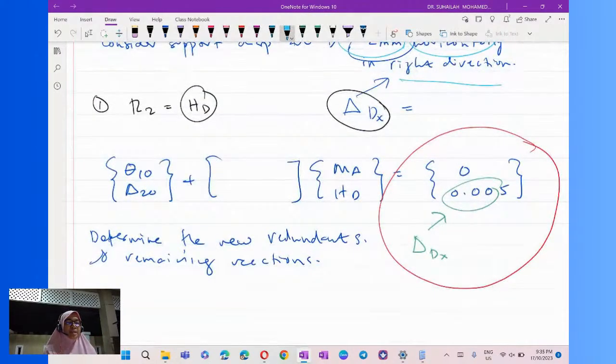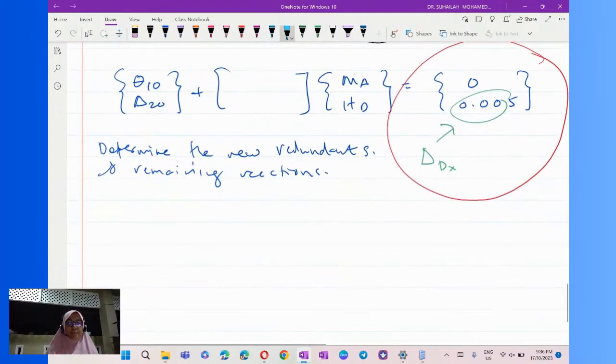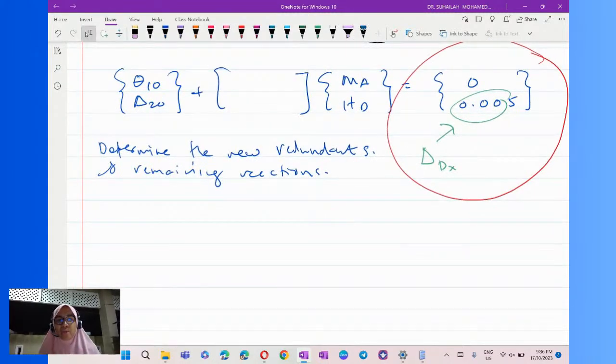So we put 0.005 positive. Then we have to calculate the new redundant, and then we also will get the new value of remaining reaction in the frame. Okay, do you have any question? Okay, that is the second one.